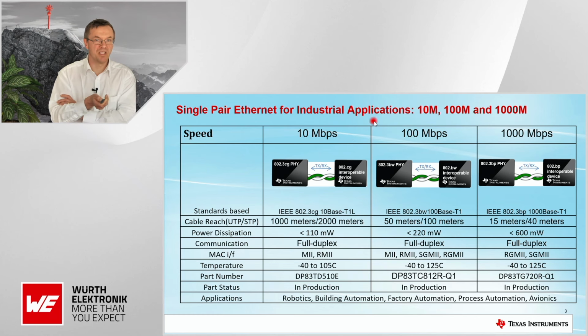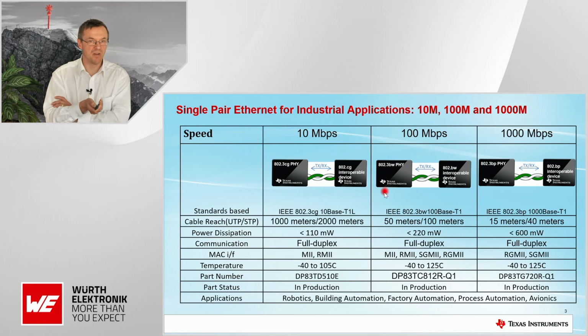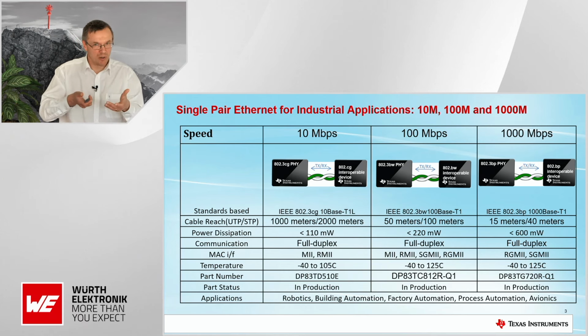Another point to see is what are the actual distances that you can achieve from a cable perspective when you use this technology. This is one of the limitations that you need to be aware of before you start developing your system, so that the system will work as intended.